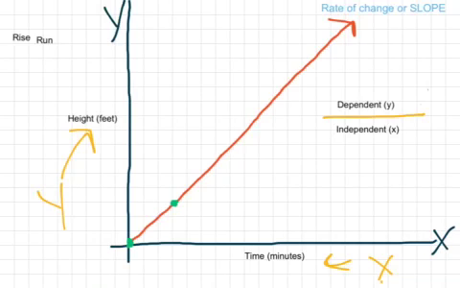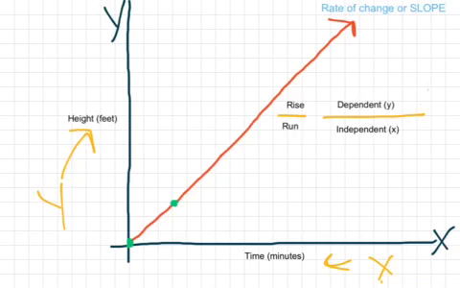We also call this rise over run. So the change in the dependent, which is the rise, over the change in the independent, which is the run.